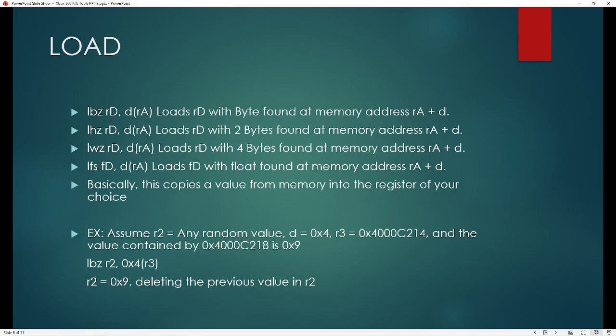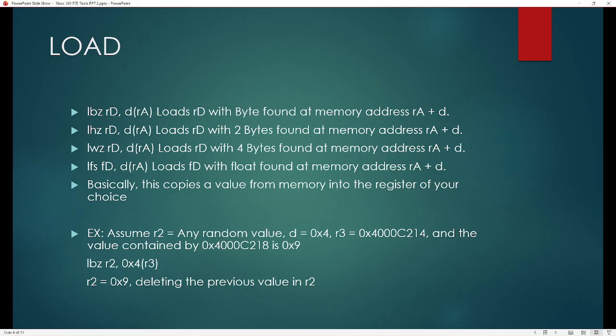So let's assume for a minute that we're using the instruction LBZ R2, 0x4(R3). R2 is going to contain any random value. Doesn't matter, because that value is not going to exist anymore, and it's going to be replaced with what we get. Let's say 0x4 is D, R3 is 4C214, and the value contained by 4C218 is 0x9. So 0x4 plus 4C214 equals 4C218.